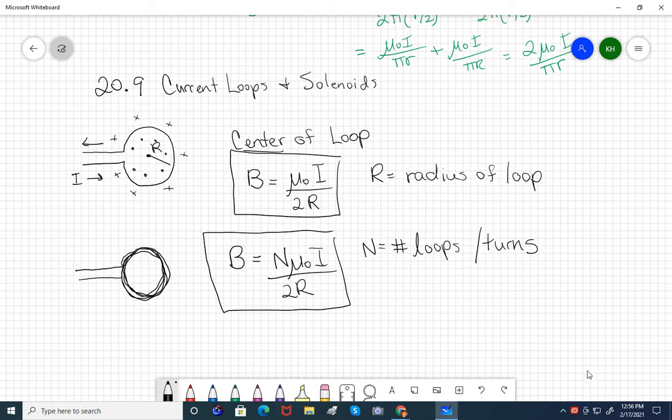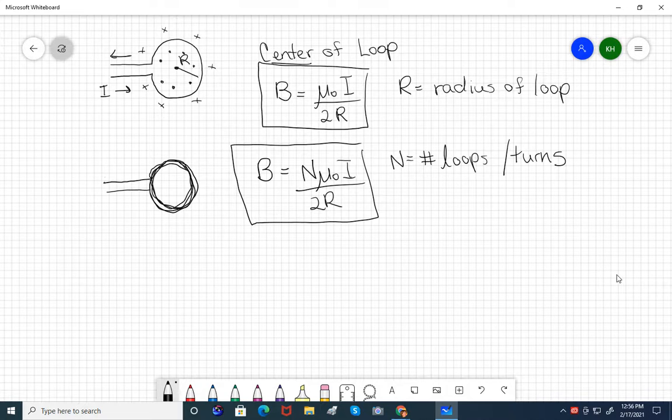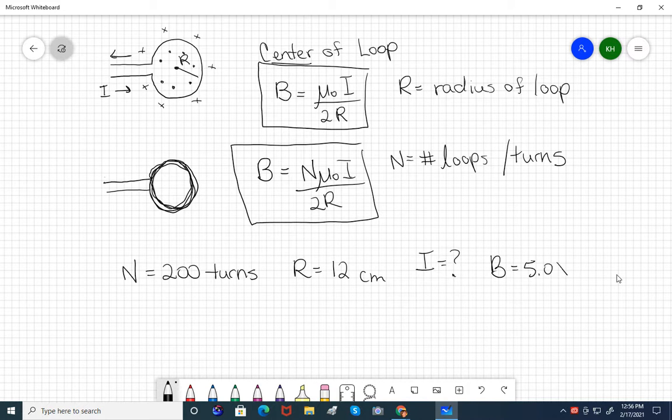So, for example, suppose we have a situation where we have 200 loops or 200 turns. The radius is 12 centimeters. And the question says, find the current necessary to produce a magnetic field of 5 times 10 to the negative 3 Tesla. That's about 100 times stronger than Earth's magnetic field.